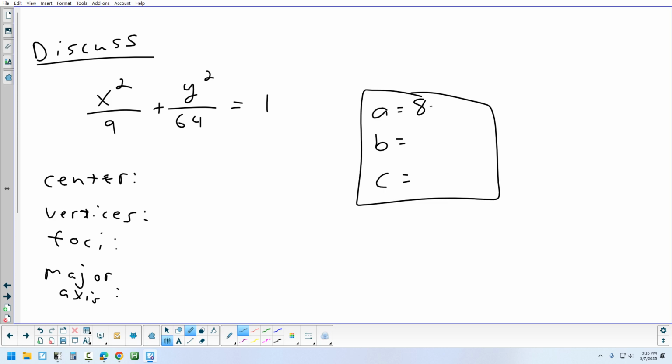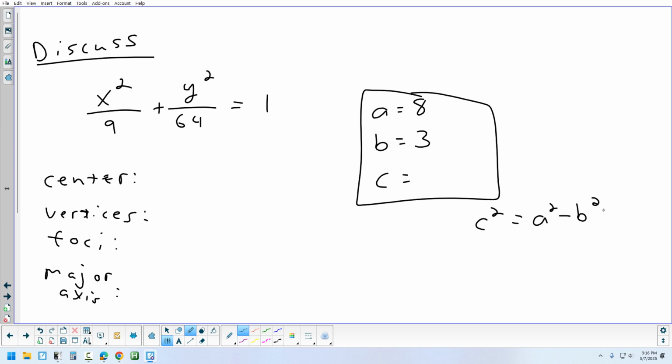And the 9 is going to help you to figure out B. That's B squared. So B would be 3. And now the last thing we need is C, and we do need it because they want to know the foci. So the formula: C squared equals A squared minus B squared.